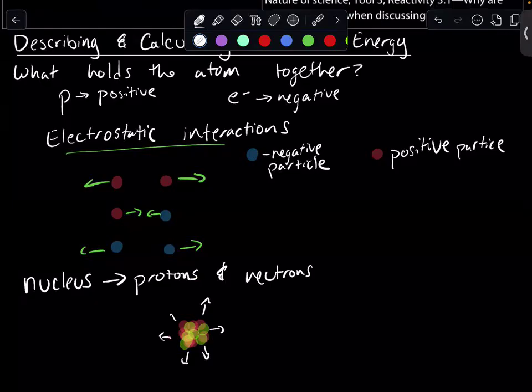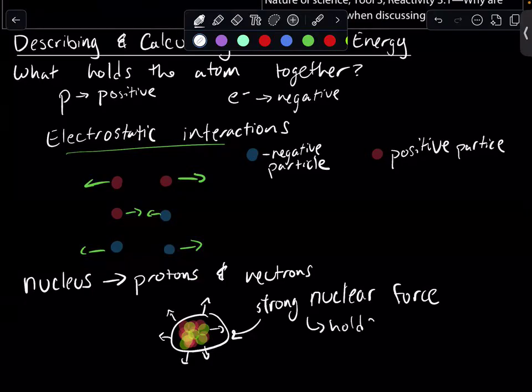Now, the neutrons help buffer that a little by putting space between the particles, but not enough to hold that thing together. So within the nucleus, we have the strong nuclear force that holds the nucleus together.